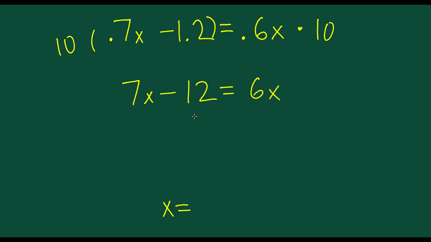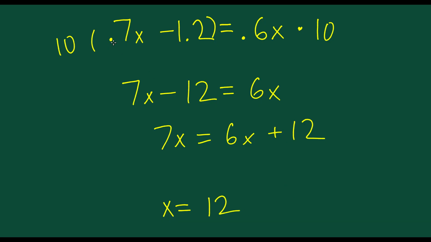So add 12 to both sides. And finally, subtract 6x from both sides. So 7x minus 6x is just x. We simply have x equals 12.